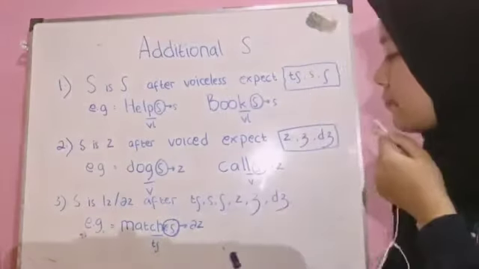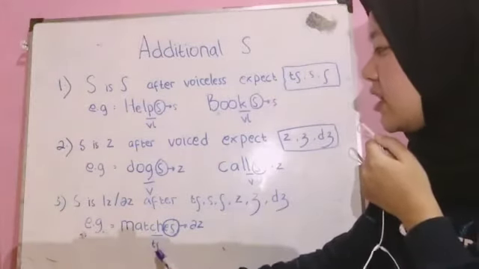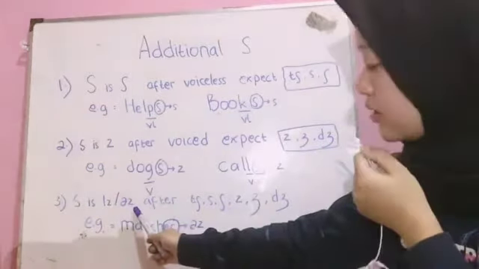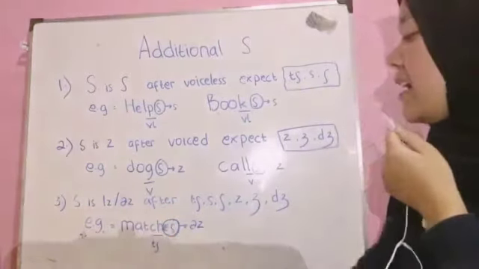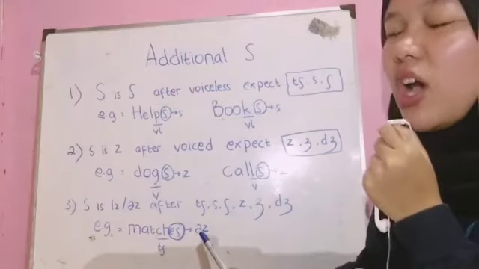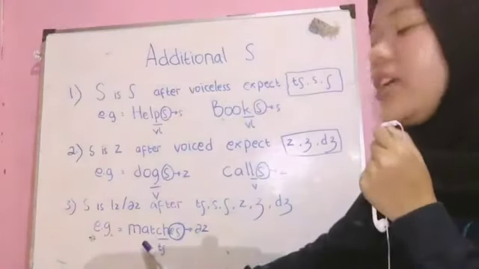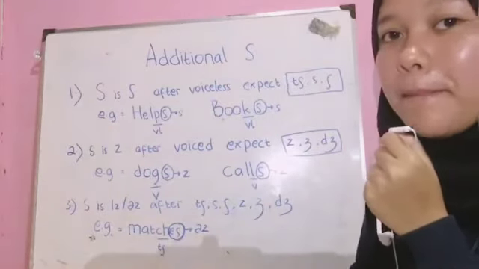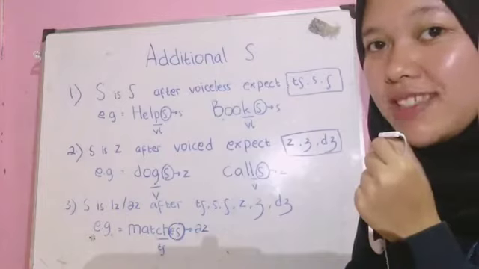Ch in here belongs to rule number three, and es in here is iz, and we can read matches.